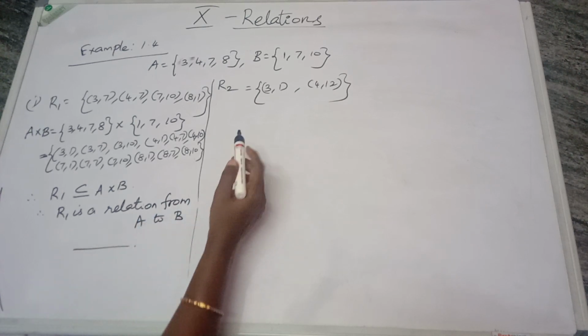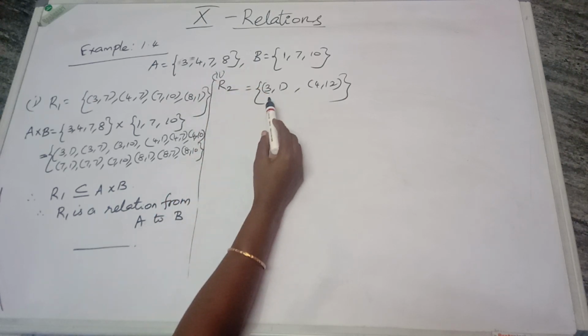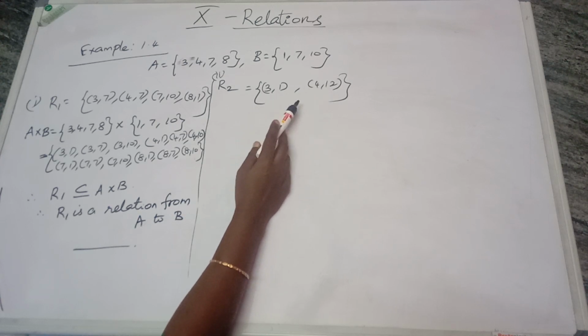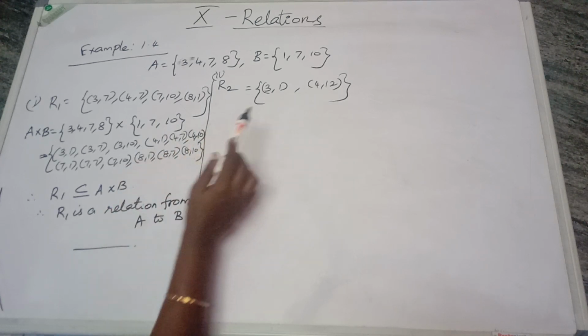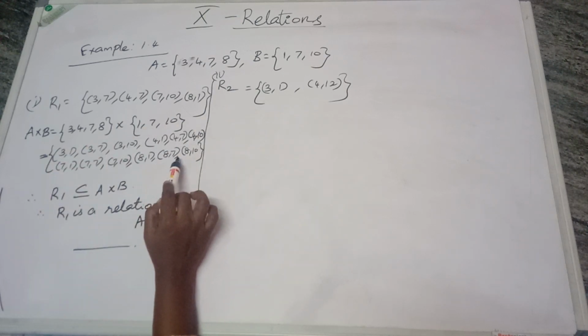Then we can see the second one, R2, the second relation: 3, 1 and 4, 12. We have to see whether these two elements are in A cross B or not. 3, 1 is here, and 4, 12, there is no 4, 12; 4 goes up to 10 only.